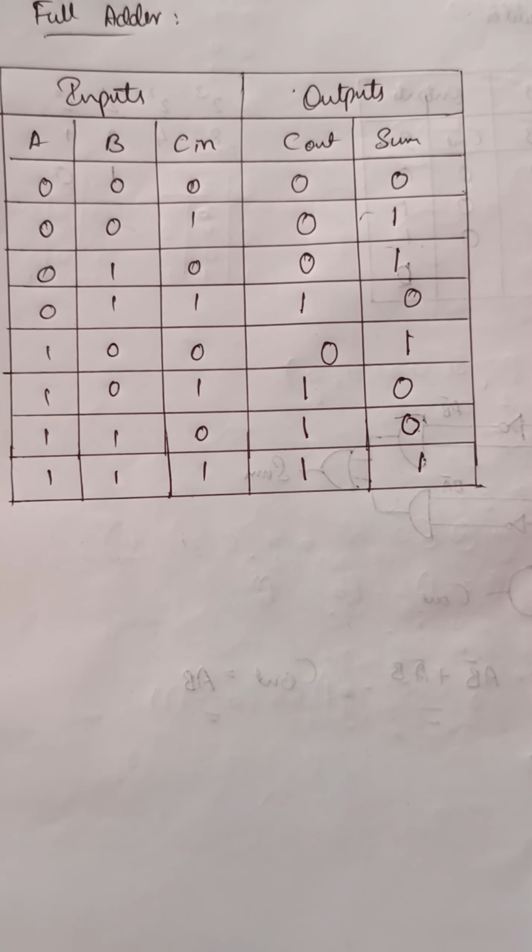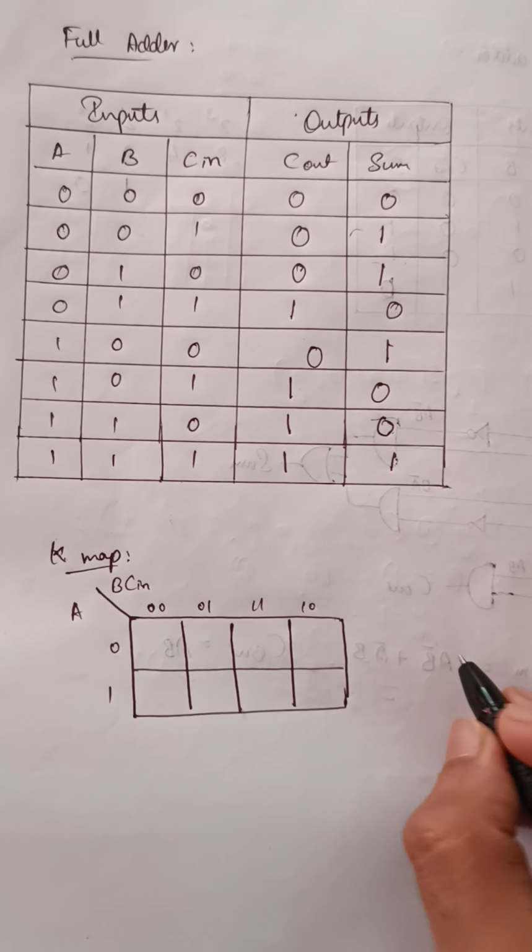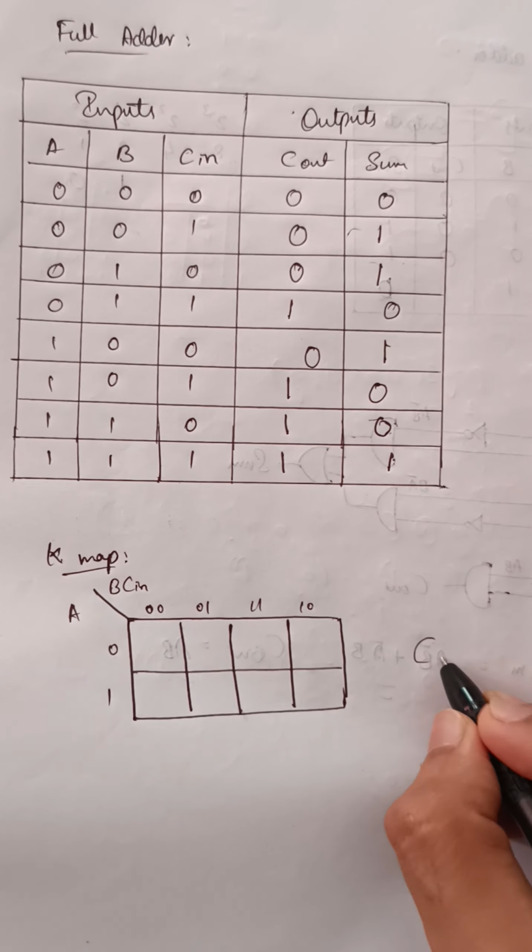Okay, now we will write the K-map for carry out. Here C in is 1 and B is 1 and A is 0, both are 1 1, it will come here.